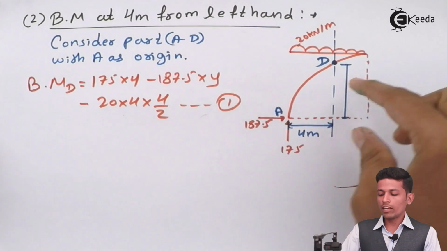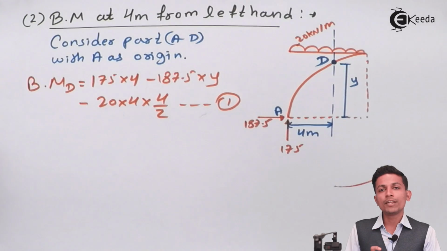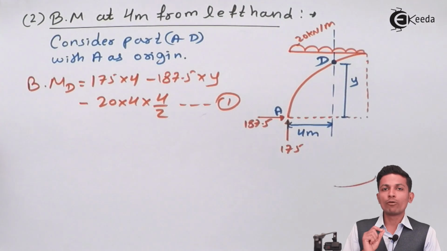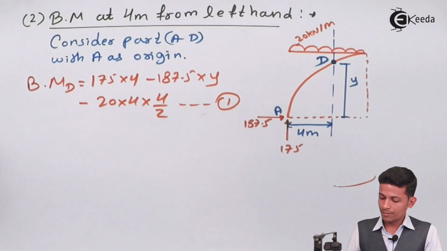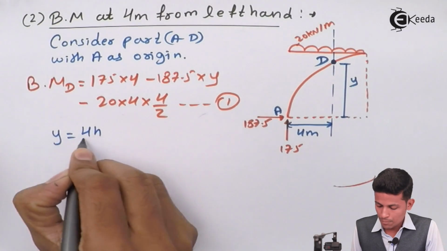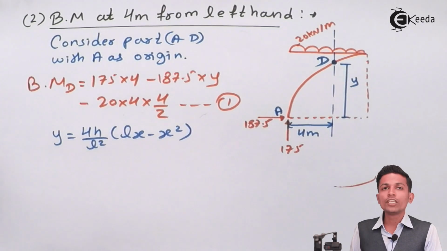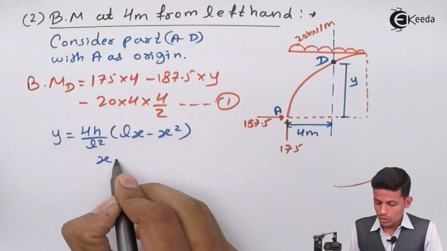But we don't know the value of y. So for y, use the formula: y is equal to 4h upon L square into (Lx minus x square). Simply put the value of x equal to 4 meter.